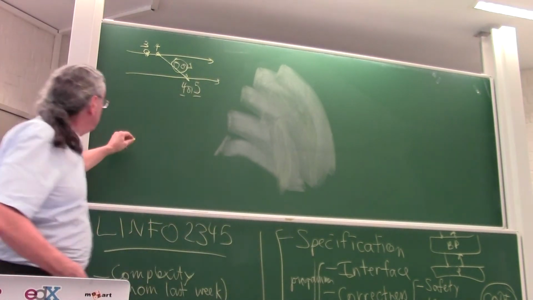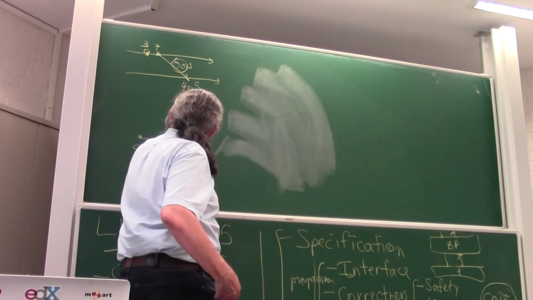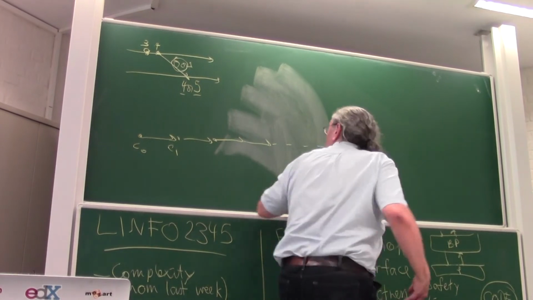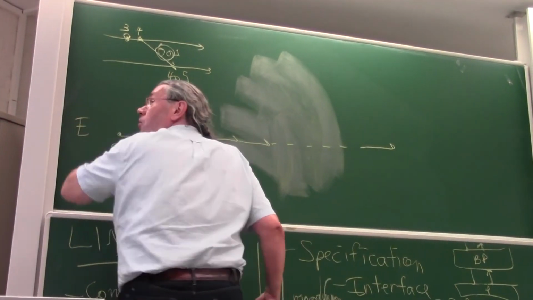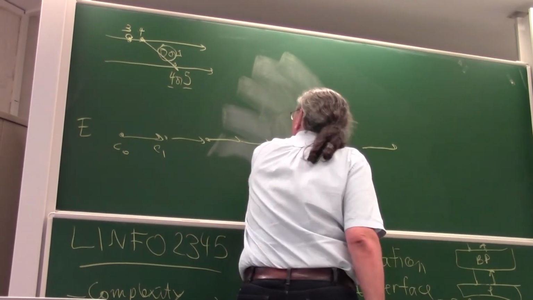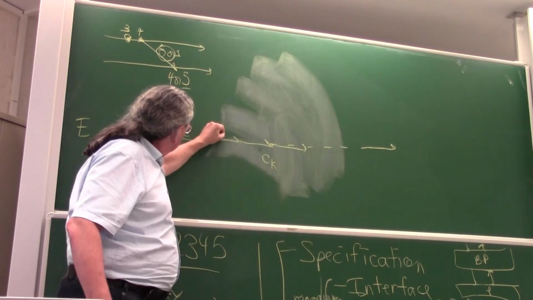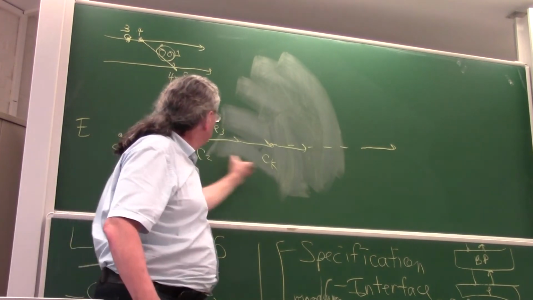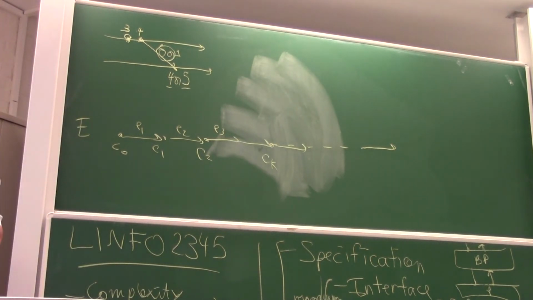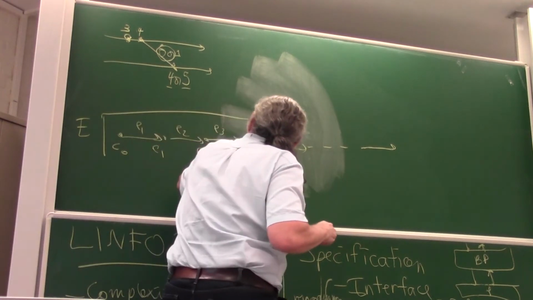So if I have an execution here, I start with the configuration, and this goes on forever. This is an execution, E. Here I have, let's say, C_k, and it keeps going, and these are the events. A prefix is the first k configurations.